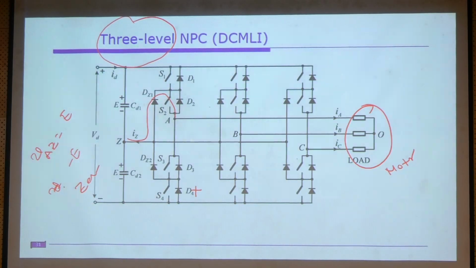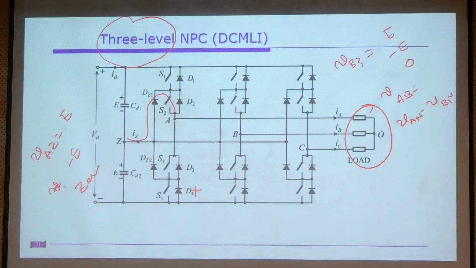Similarly, if you do the same analysis for VBZ, it is also equal to E, minus E and 0 voltage. If you observe the line to line voltage, VAB, which is VAN minus VBN, VAN varies between plus E, minus E and 0, and VBN also varies between plus E, minus E and 0.